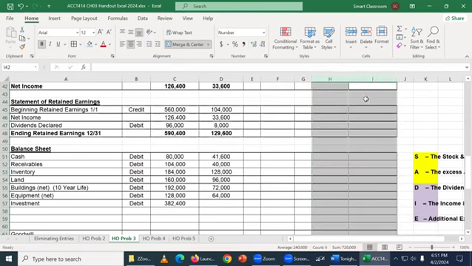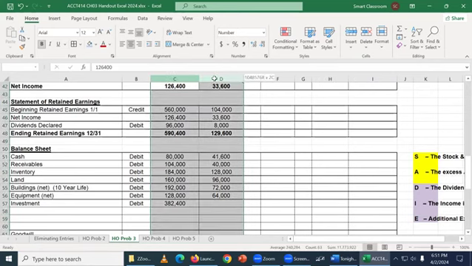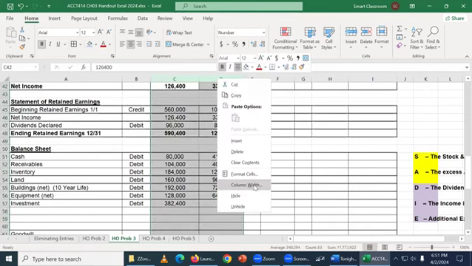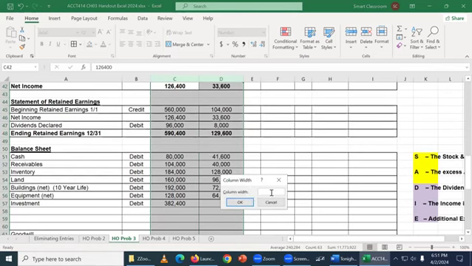I think I made these columns way too big. Is that a yawn of excitement? I bet it was, right?